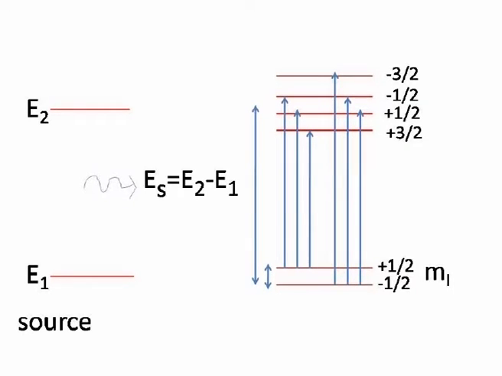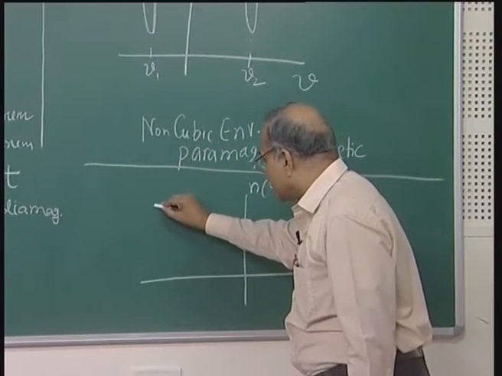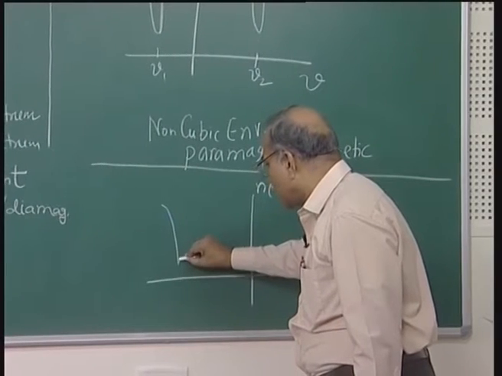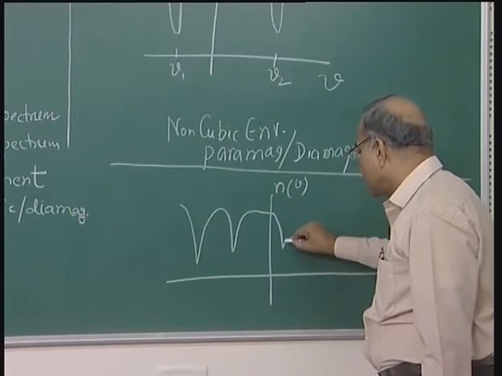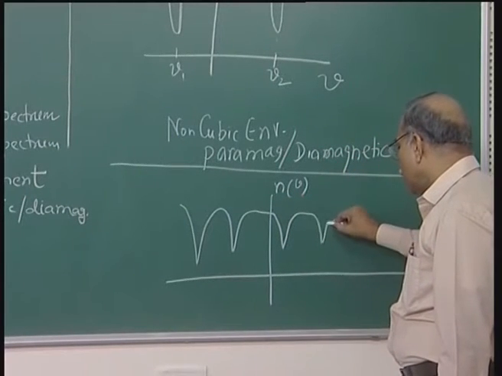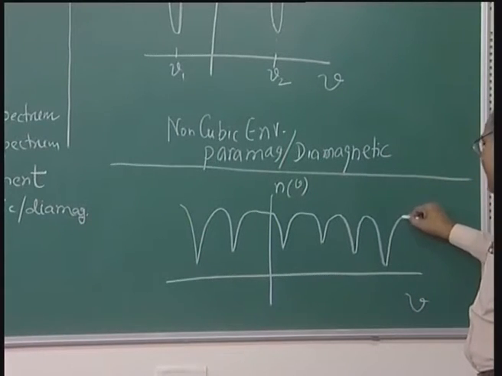So, there are 6 possible transitions, and therefore, there are 6 different velocities where absorption will be high, and the Mossbauer spectrum for such a system will look something like this. So, at 6 places, let us say 1 here, then 2, 3, 4, 5 and 6, you will get a 6 line pattern.